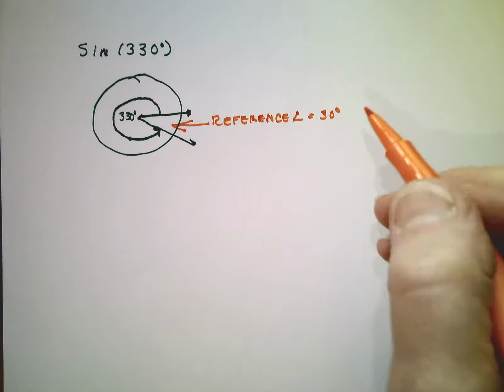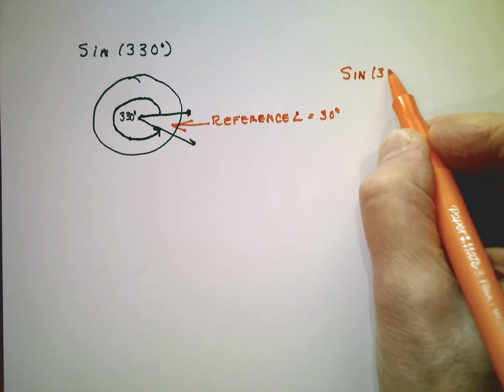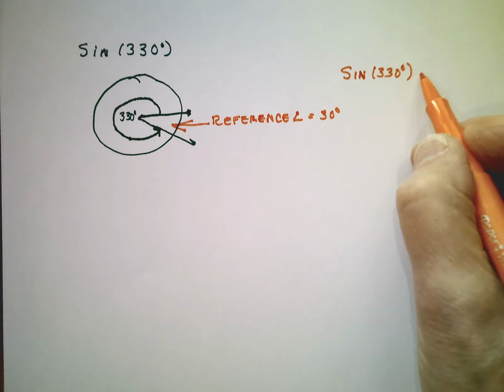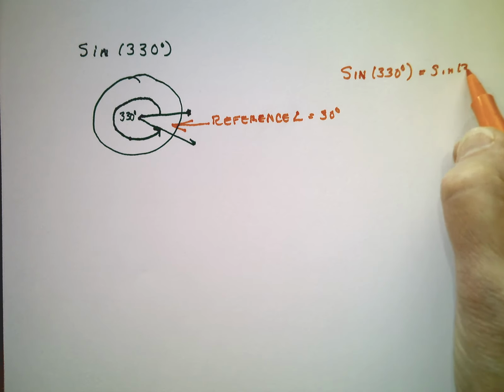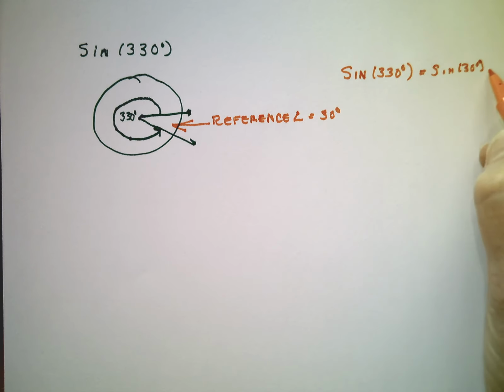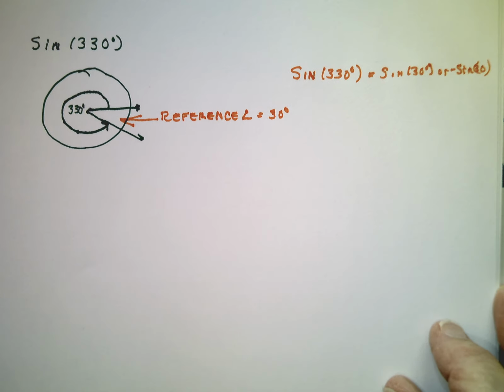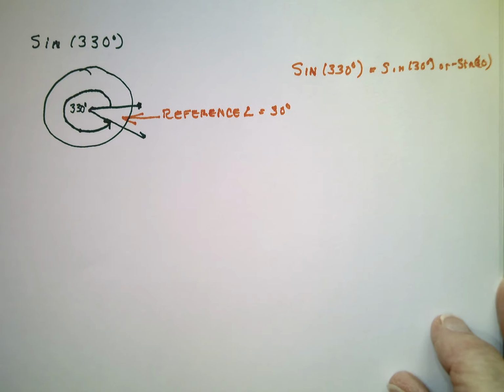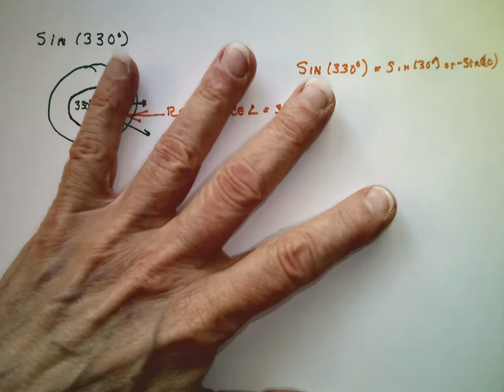And the sine of 330 is going to have to be the same as the sine of, it's going to be positive sine of 30, or maybe negative sine of 30. Sorry, kind of ran off the page there. But we know the sine of 30 degrees. This is one for which we don't need a calculator, because we can count on our fingers.